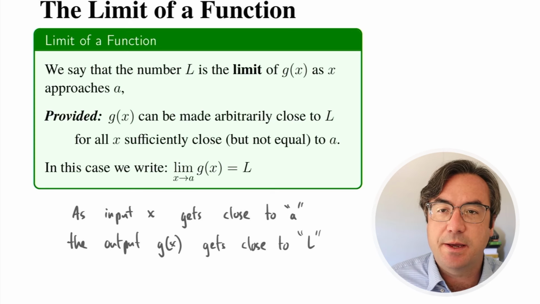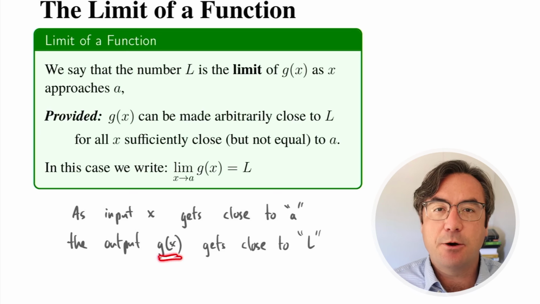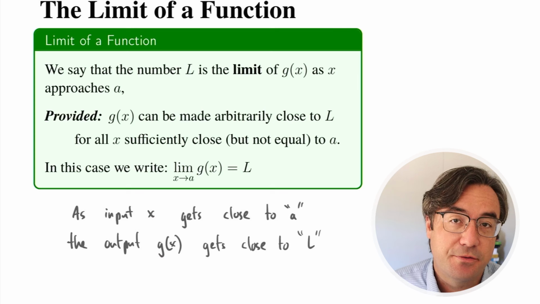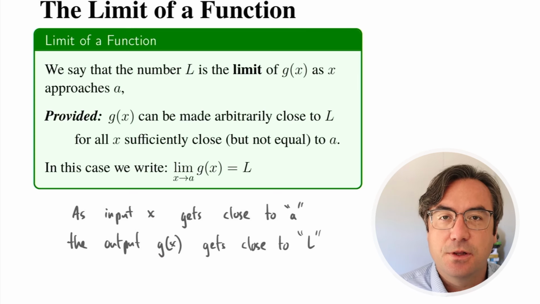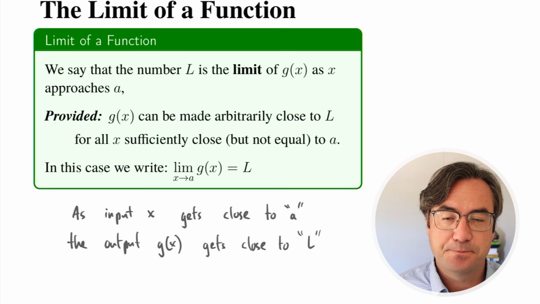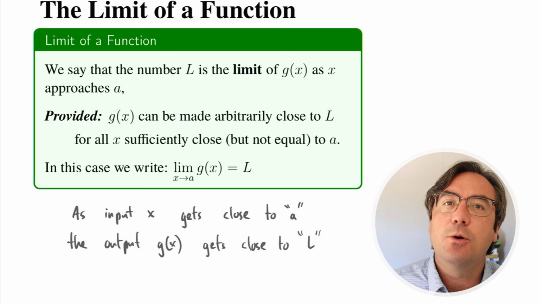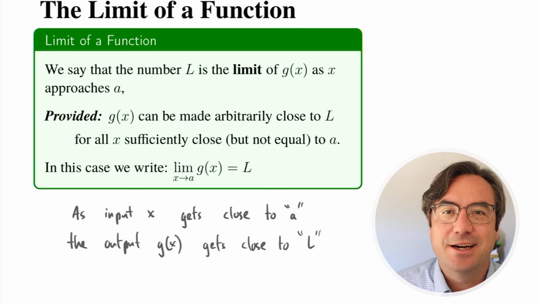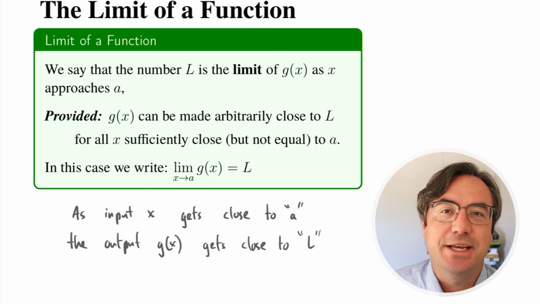It's describing what's happening to the output of our function as the input gets closer and closer to a specific point. You want to think of limits almost as describing where we're going, a place that we're headed to.